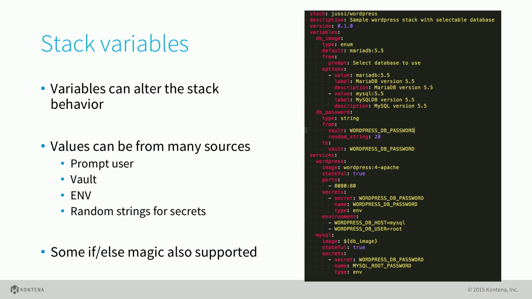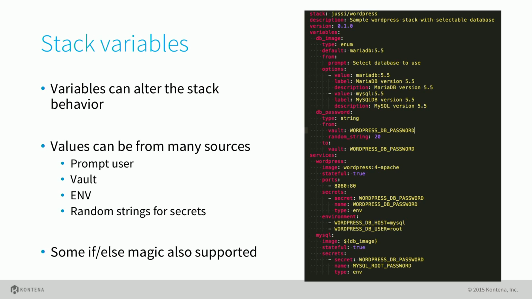You can use Kontena Vault as I had in the previous example. So automatically, if the value is not yet available in the Kontena Vault, it can be automatically created, like some random string for a password or something like that. And then, for example, you can put it back to the vault automatically.